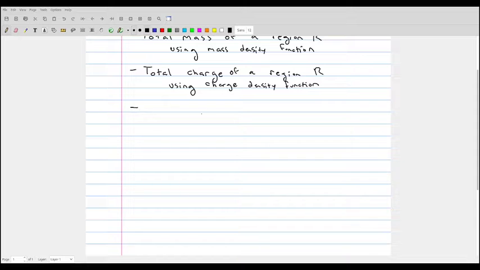So we'll then move on to what's called the center of mass of a 2D region R. And just like we have the concept of total charge with the charge density as well as mass density, we can talk about the center of charge.